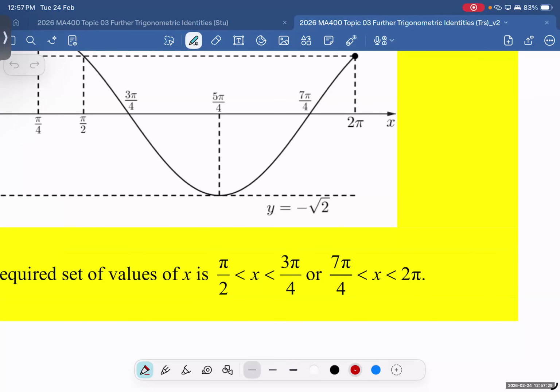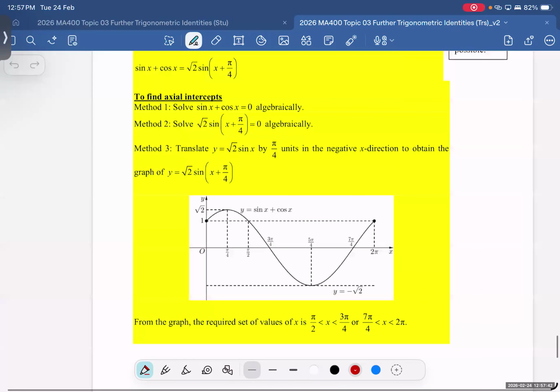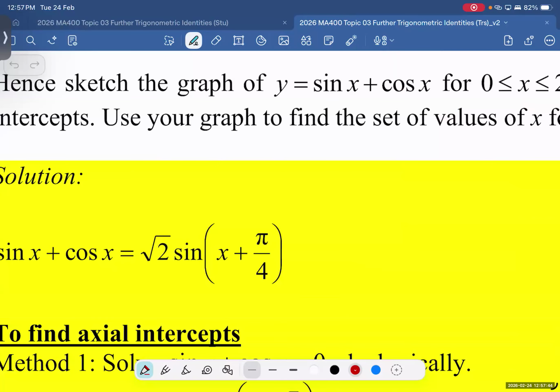Where do I get this pi over 4 from? This is the alpha R formula.